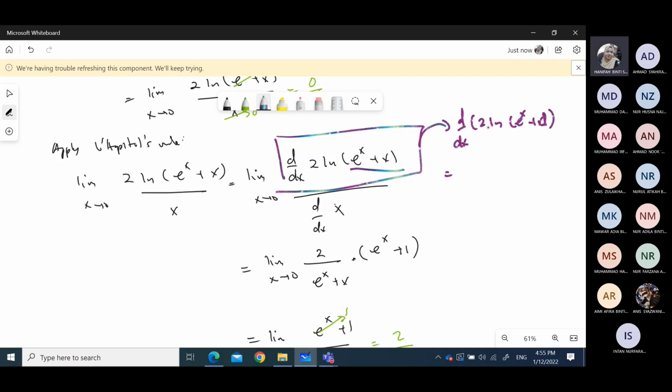The 2 stays there, multiplied by the derivative of natural log, which gives 1 over e^x plus x, and then multiply by the derivative of the inside with respect to x, which is e^x plus 1. So we simplify and get 2 times e^x plus 1 over e^x plus x.